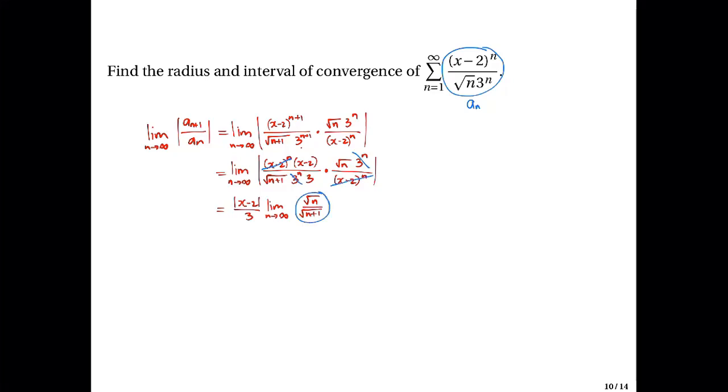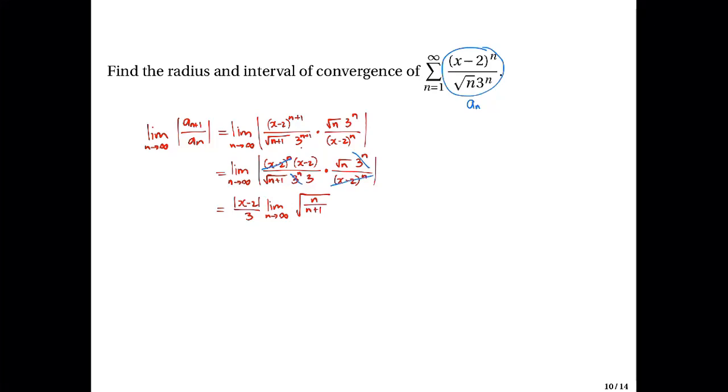Let us combine this into a single radical. This expression becomes square root of n over n plus 1. As n approaches plus infinity, this goes to 1 because the numerator is degree 1 and the denominator is also degree 1, so we just get the leading coefficients.